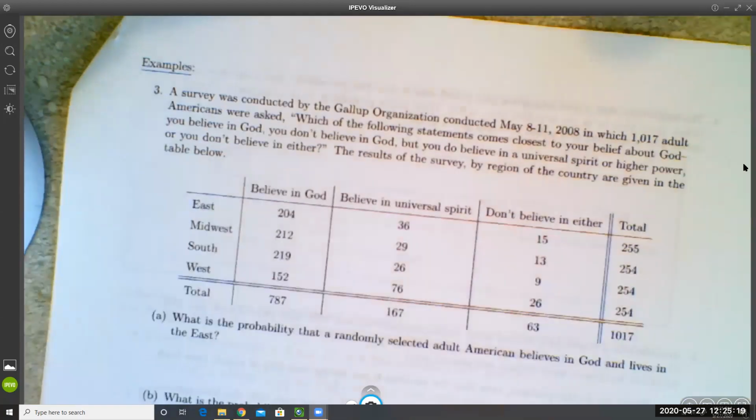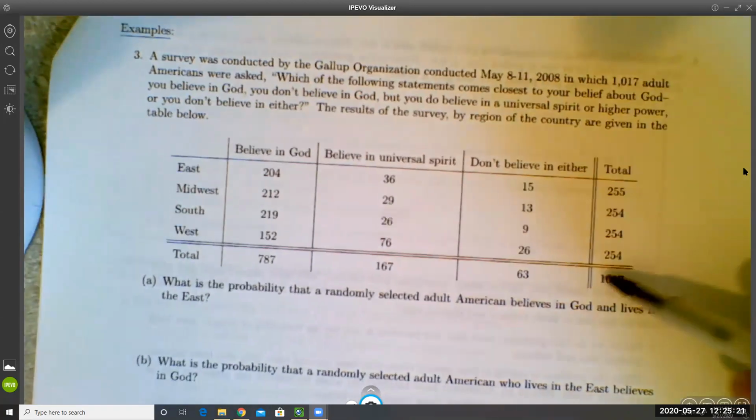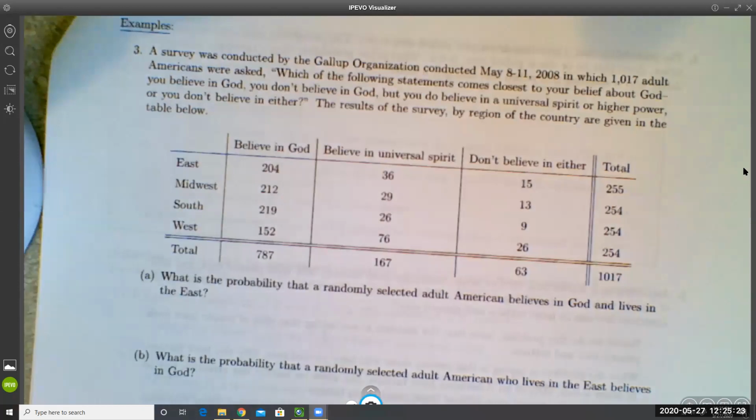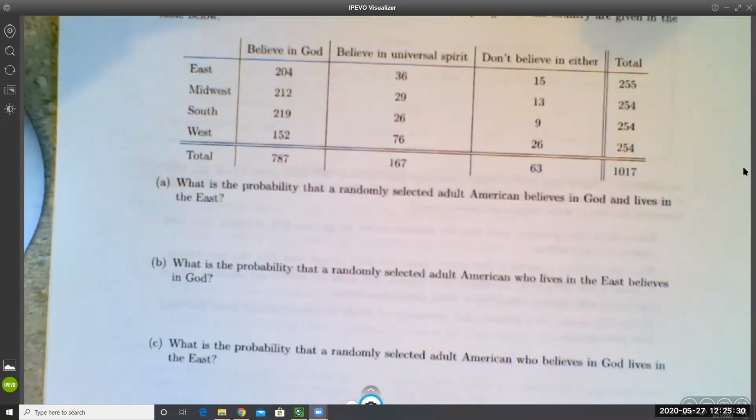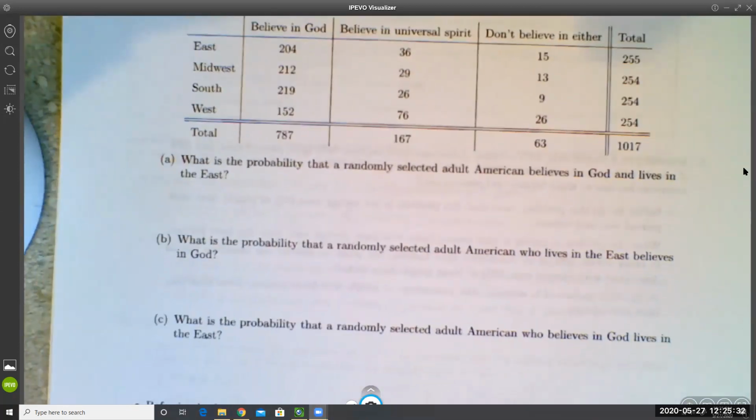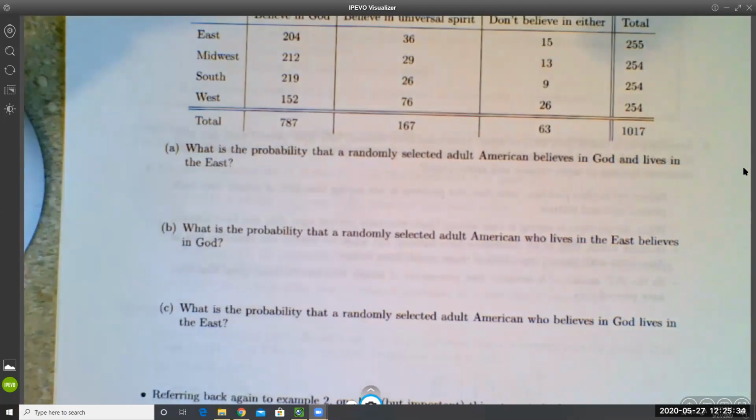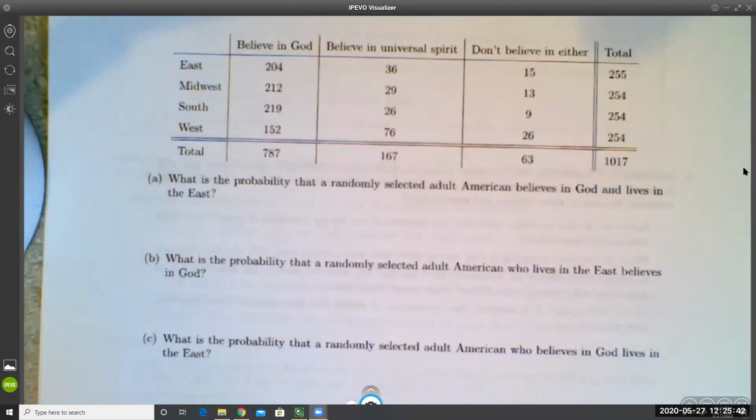Again, 1,017 was the grand total number of people in this survey. So what I want you to do is pause the video and see if you can answer these questions. Part A says, what's the probability that a randomly selected adult American believes in God and lives in the East? I'll let you pause the video and see if you can do that one.